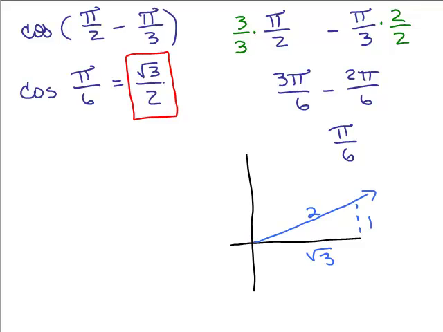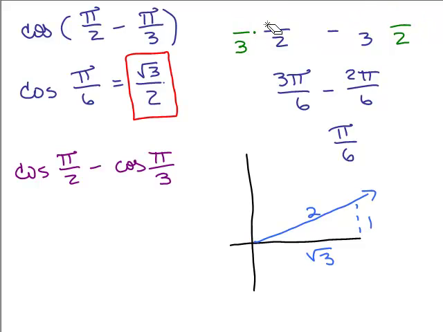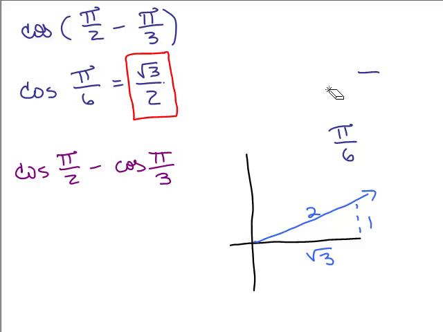Okay, let's see what would happen if we wanted to know what the cosine of pi over 2 minus the cosine of pi over 3 is. All right, so the question is, what is the cosine of pi over 2 minus the cosine of pi over 3? All right, so I'm going to erase this stuff on the right. Hopefully we're okay with that, just so we could see this all on the same page.